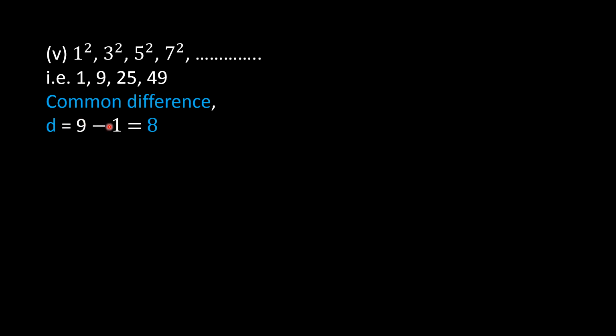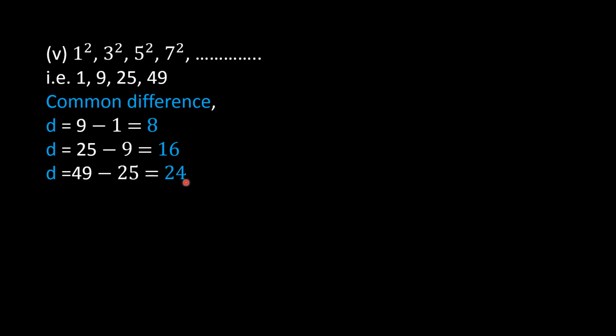So 9 minus 1 will be 8. After that, d by using 25 and 9: 25 minus 9 is 16. Next, by using 49 and 25: 49 minus 25 is 24.